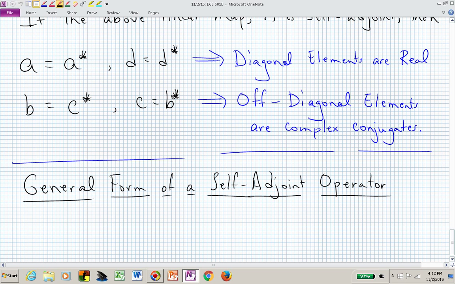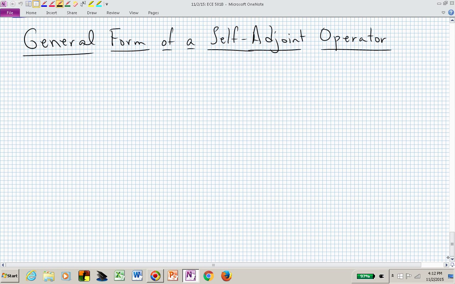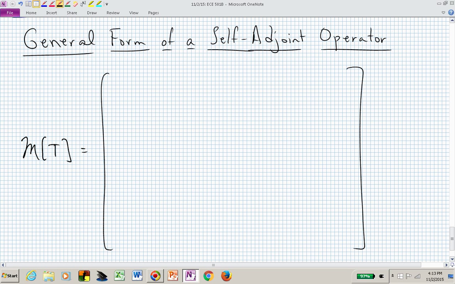Let's then start by talking about this general form of a self-adjoint operator. And let's do that by looking at the matrix representation of this linear map. And hopefully I can fit what I need into that big box.